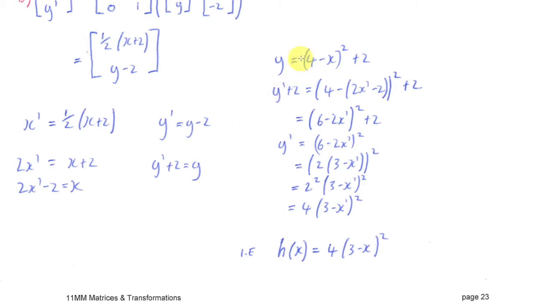Now to begin with, the original equation was this, but we don't want to write it in terms of the original y's and x's. We want to write it after the transformations have taken place. So y is equivalent to y prime plus 2, and x is equal to 2 lots of x prime minus 2. So let's look at the algebra here.